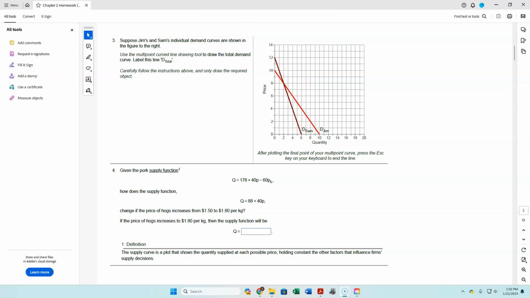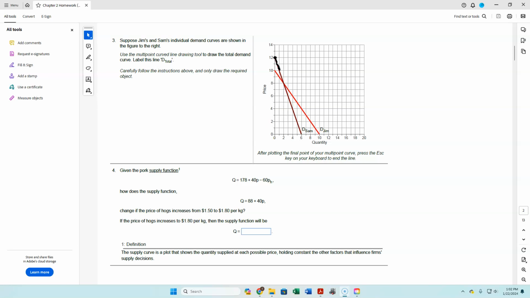price of 12, we've got 12, right? And so the market here is formed entirely by Jim up to the price of 10. And then at 10, we start to get a non-zero quantity.